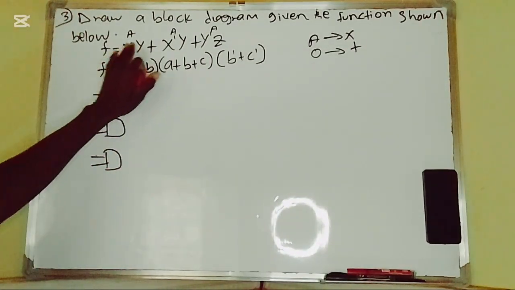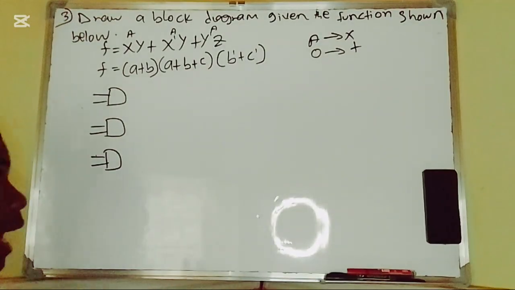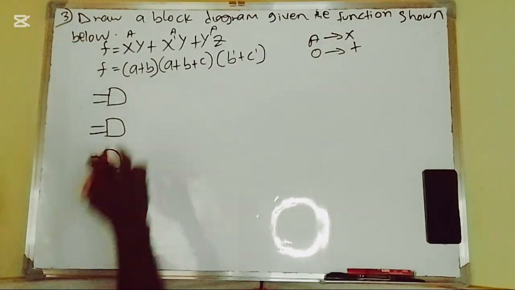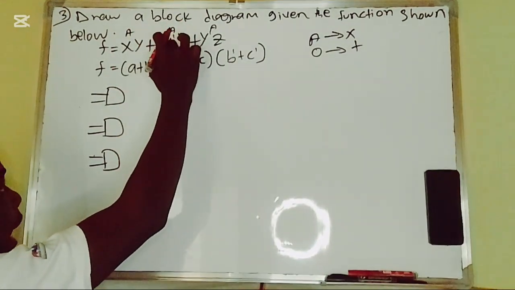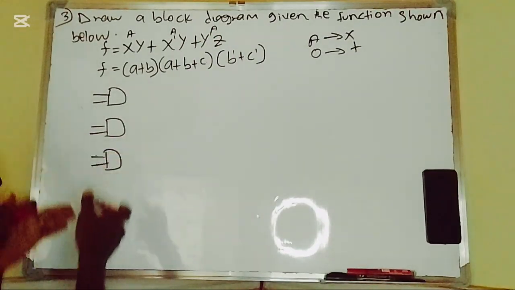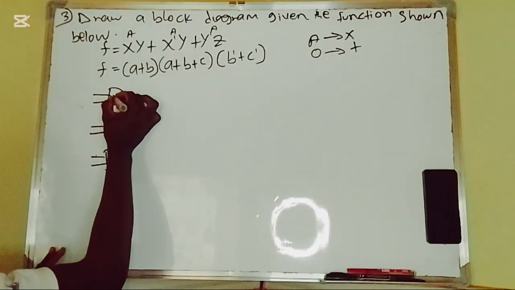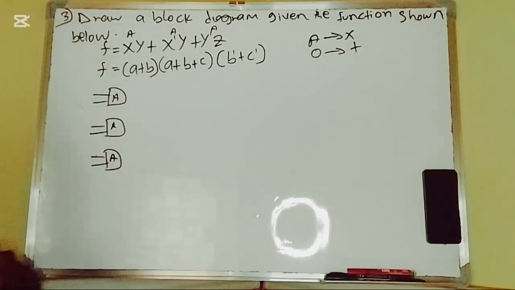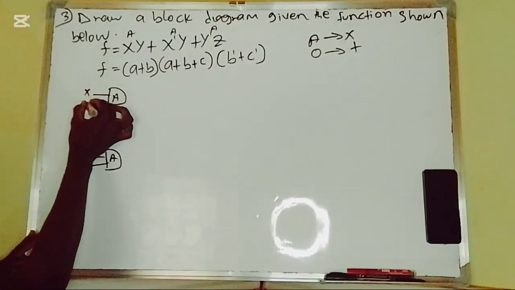First, take a look at the terms. Are they AND gates or OR gates? If they are AND gates, as you can see, this is an AND gate, AND gate, AND gate. So you will first draw the AND gates. This is X, this is Y.